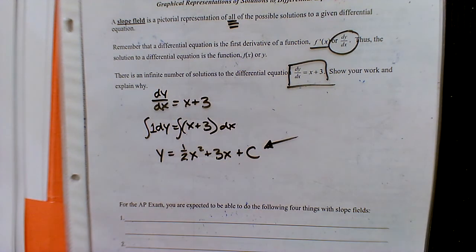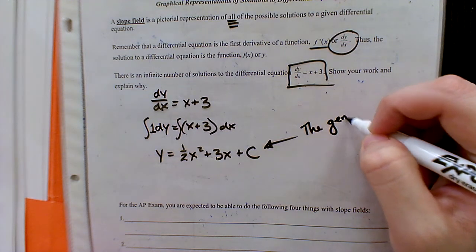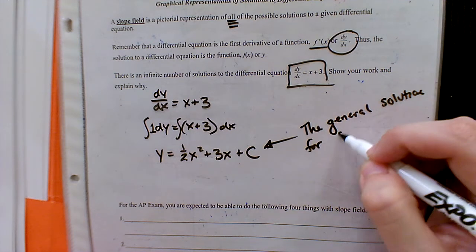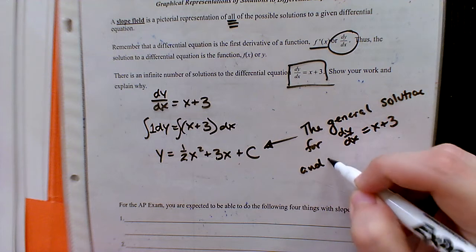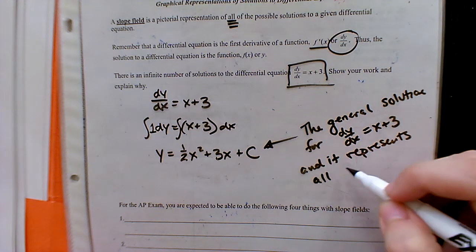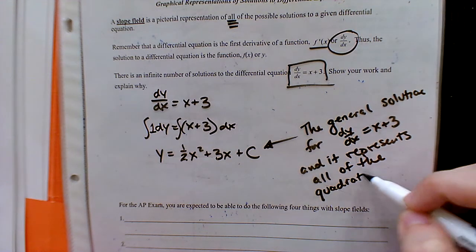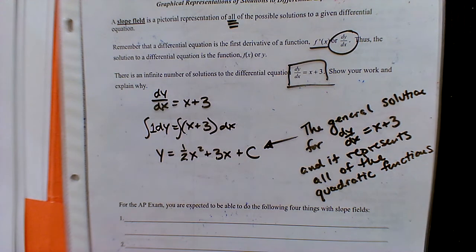In the last section, we referred to this as the general solution, the general equation the original function kind of looked like. So we're going to write down, this is the general solution for the derivative equation dy over dx equals x plus 3, and it represents all of the quadratic functions, because notice how it's an x squared term.